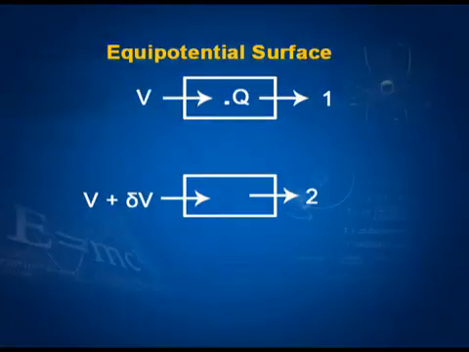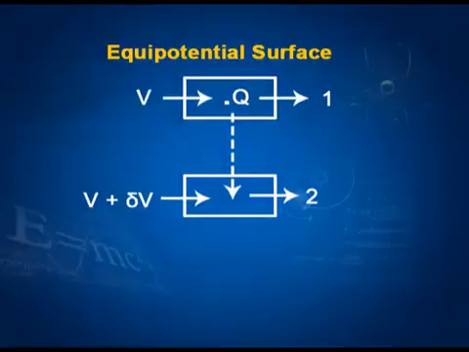Now, in order to bring this charge from here to here, I have to do certain work. That work is nothing but the electric field times the distance between them. Suppose these two surfaces are a distance delta L apart. So what will the work done be?